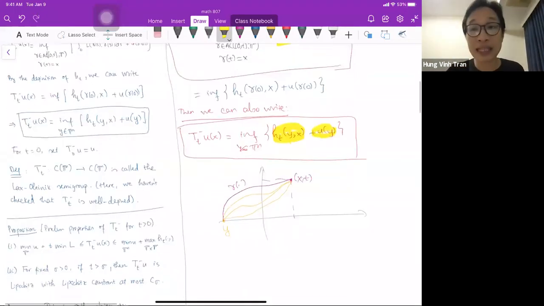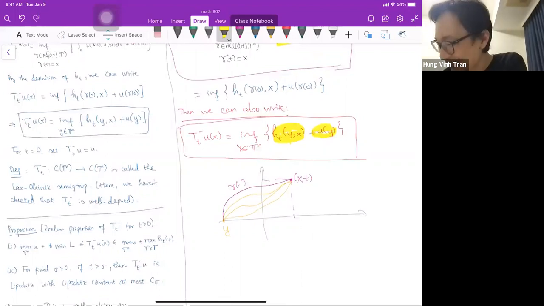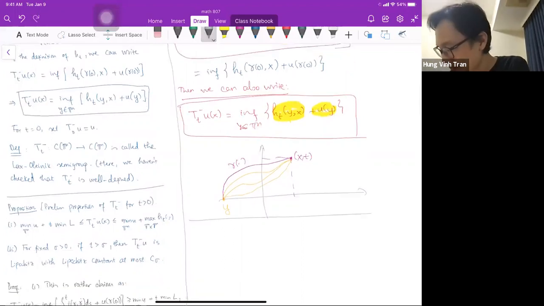Maybe let me give you an example. Let's see. Maybe later. Okay. Yeah, because for that example, I would need to prove something. So to be done later, to be discussed later, we're going to talk about an example on the Hopf-Lax formula.